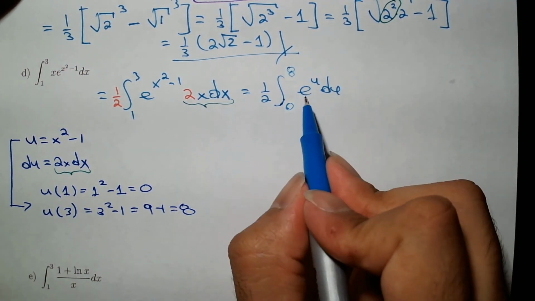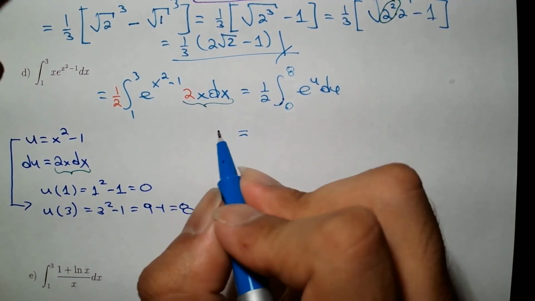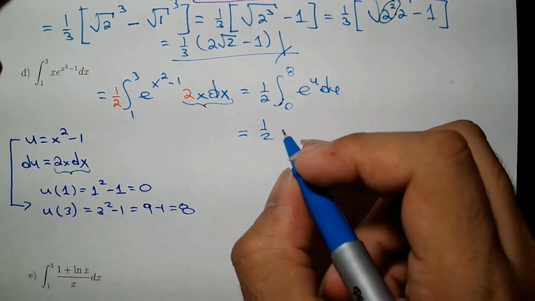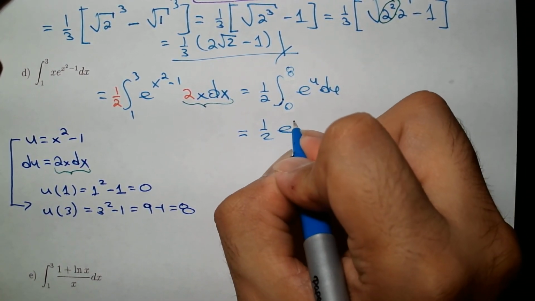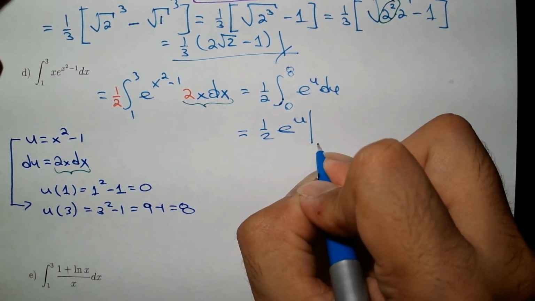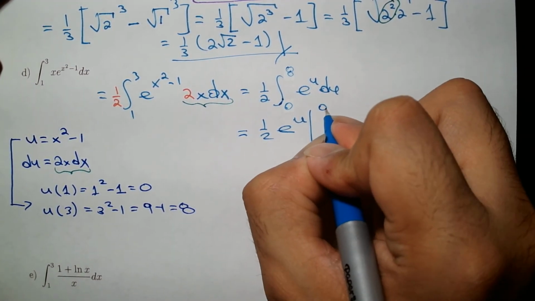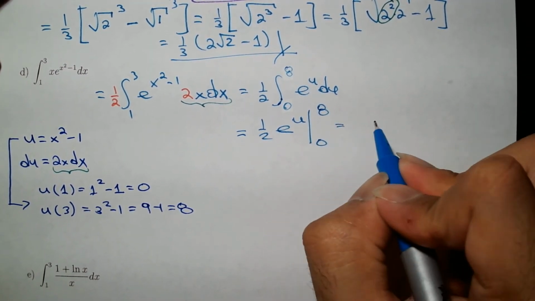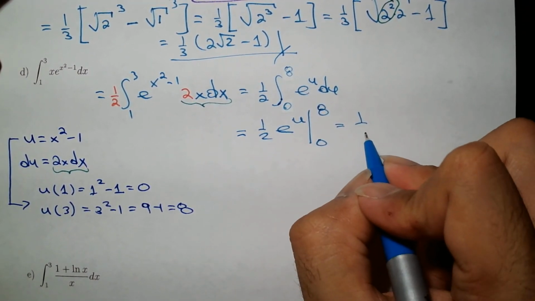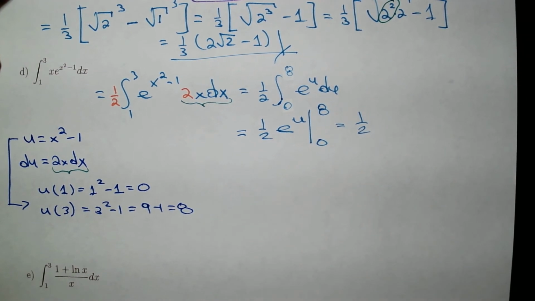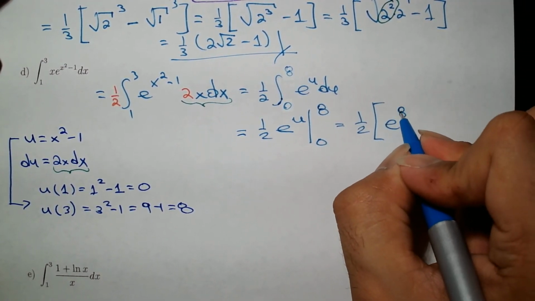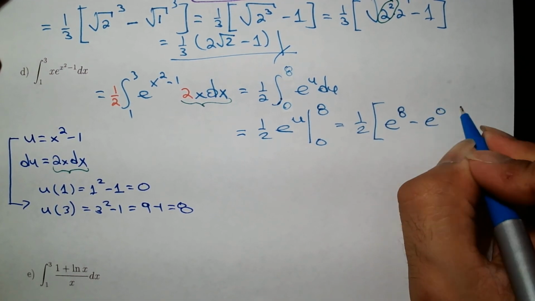So now we integrate e to the u, and that's a very simple integral. The integral of e to the u is simply e to the u, evaluated from 0 to 8. So let me factor out that 1/2. It's going to be e to the 8 minus e to the 0.